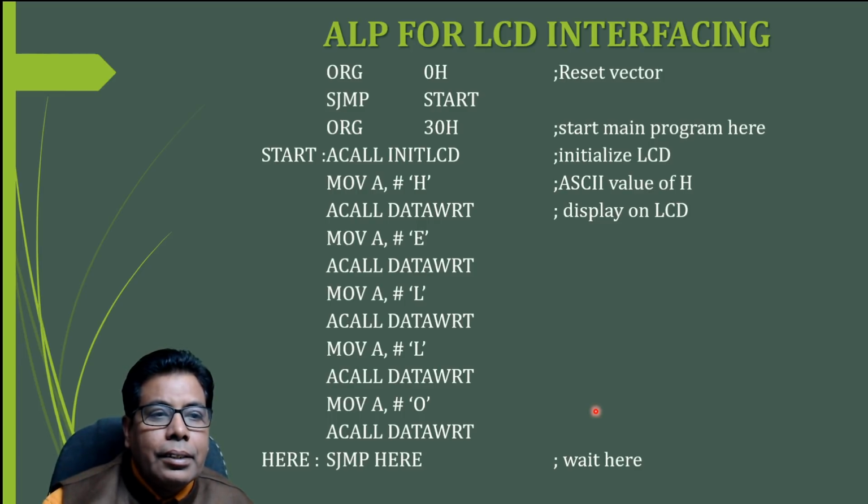Now it's not very hard, just we have to call the subroutine for initializing the LCD, and then load the ASCII value of H, E, L, L, O into the accumulator, and call the data write subroutine. That is what we do in this main program.